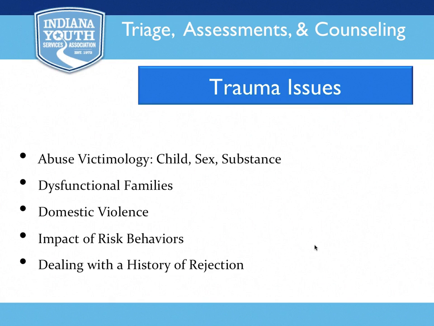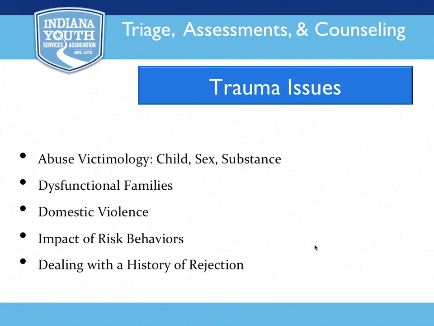We know that GLBTQ youth tend to be victims of abuse at higher rates a lot of times because of this unacceptance, that they may come from dysfunctional families. So not only is the family not supportive, but there are some boundary issues, there are some role barrier issues that increase a person's lack of support around that, their lack of knowing how to fit in.